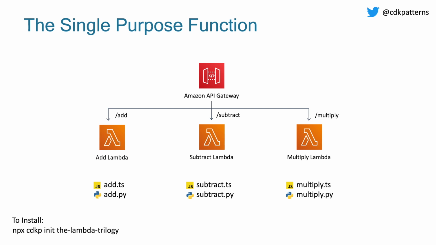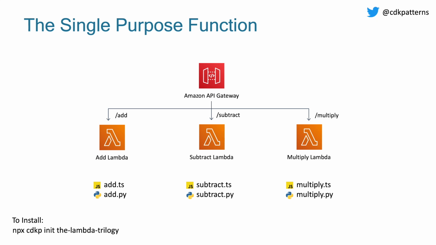So if we implemented this using the single purpose function pattern, what this would look like is we would have an API gateway that has three named routes, one for add, one for subtract, and one for multiply. Each of those routes would point to an individual Lambda function, which would be an add Lambda, a subtract Lambda, and a multiply Lambda.